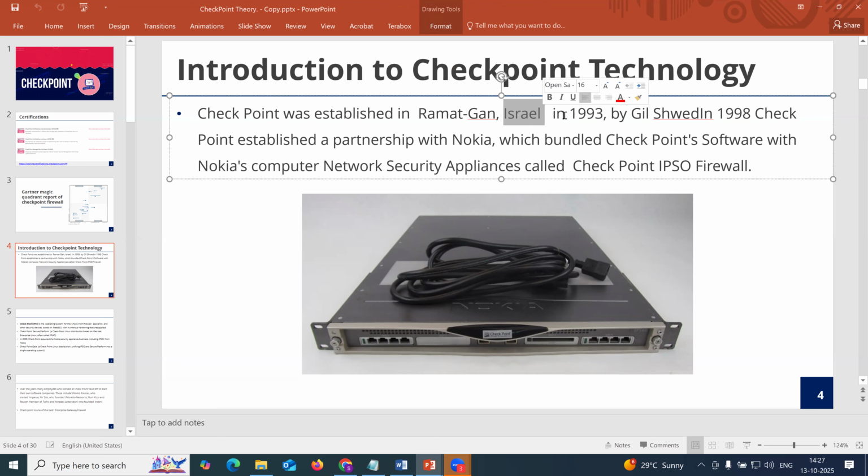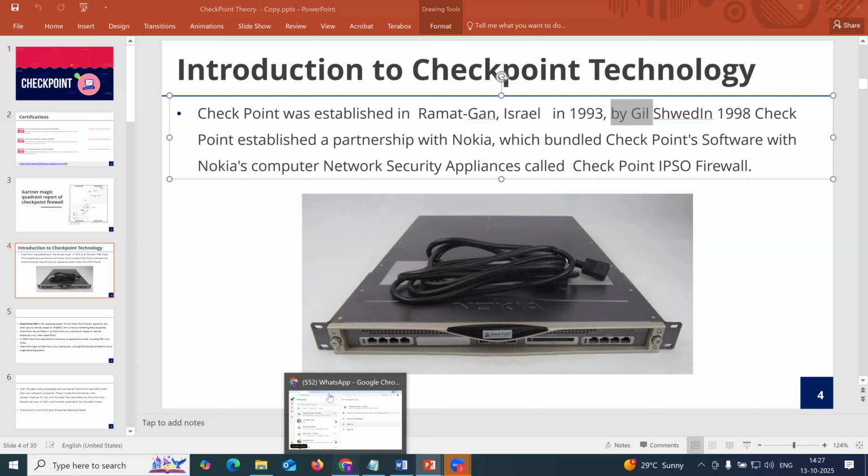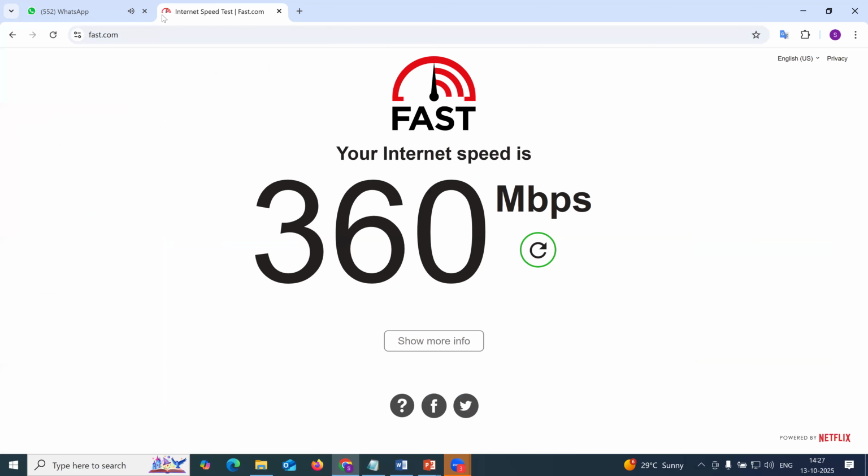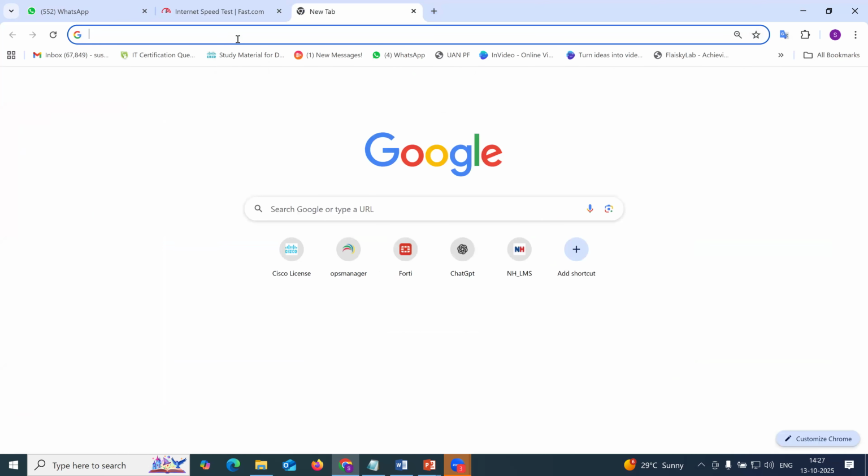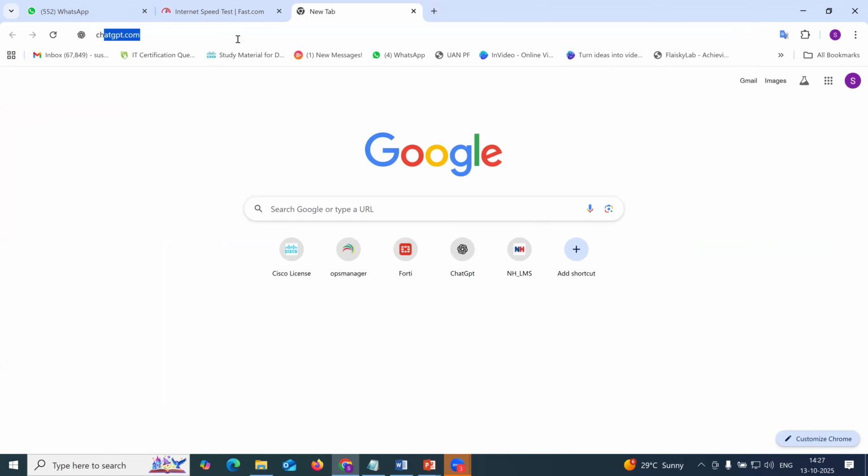At this place in 1993, by Gil, your Checkpoint firewall was created. You guys can check out Wikipedia as well. You can search Checkpoint Wikipedia.